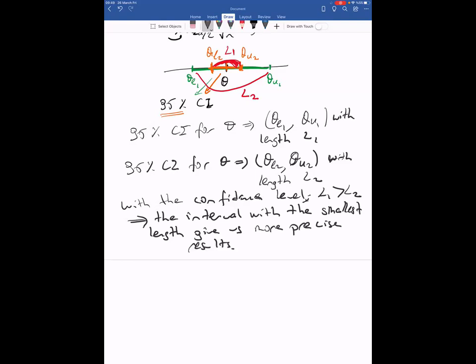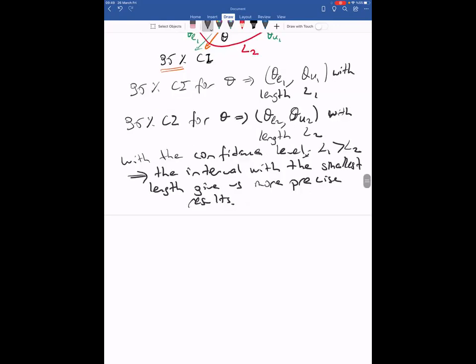So the variation is lower in this case with the same confidence level. So we prefer theta L2 and theta U2 as a confidence interval for theta in this example. So the length will be very important. We can generate our intervals or choose our intervals based on their lengths then.